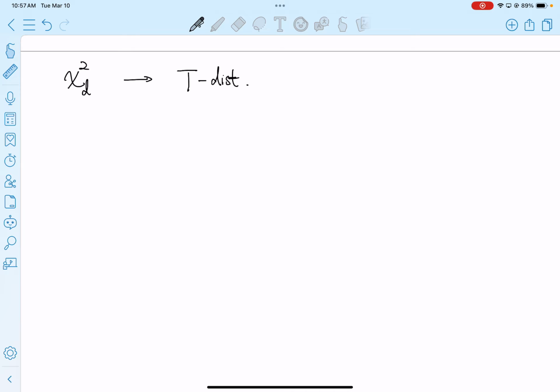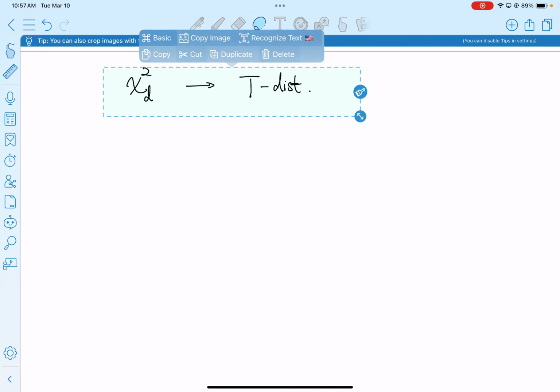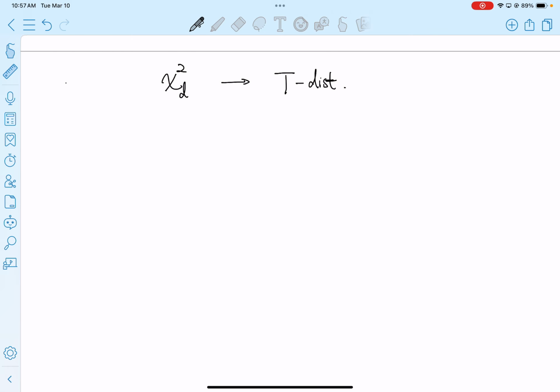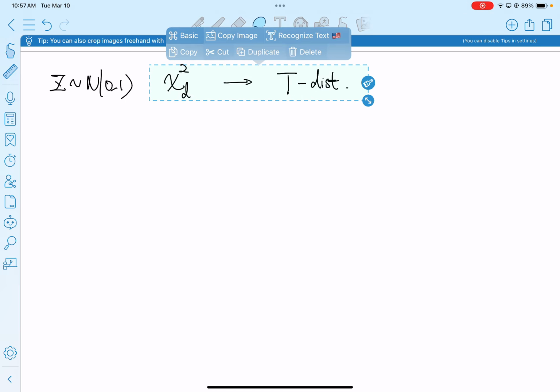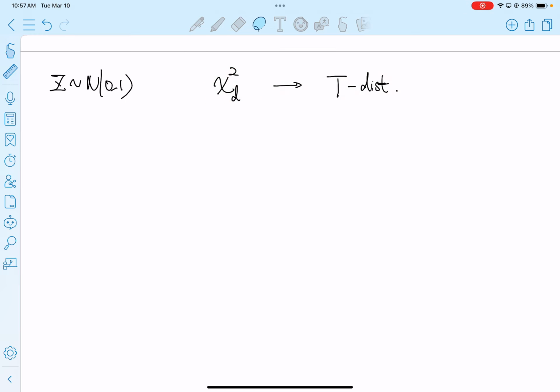And the first thing I want to introduce is the chi-square distribution. Also, the chi-square distribution can be obtained from the standard normal distribution. So again, lots of things are all connected through the probability density function that we introduced earlier in week 1.